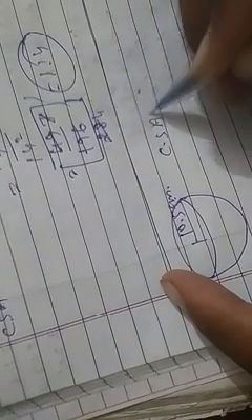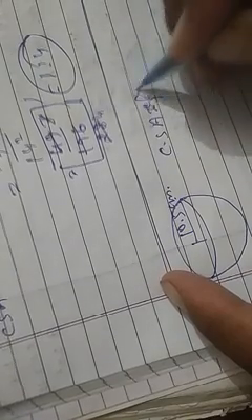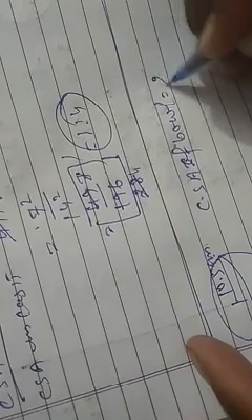This one is a hemispherical bowl and the inner radius is 10.5 centimeter, and we have to find the tin plating. Then here the curved surface area of the bowl is equal to 2 pi r square.